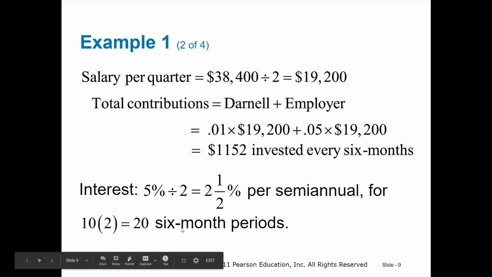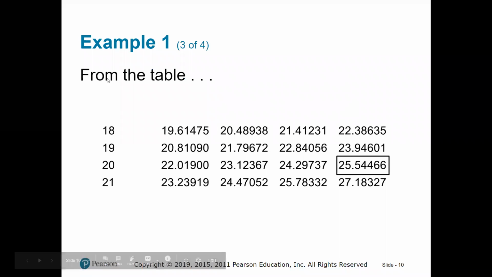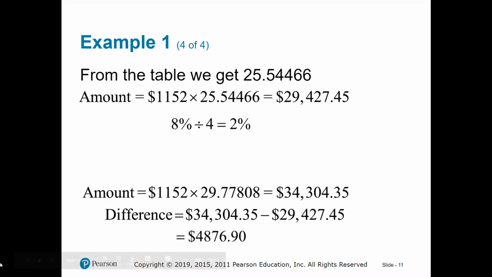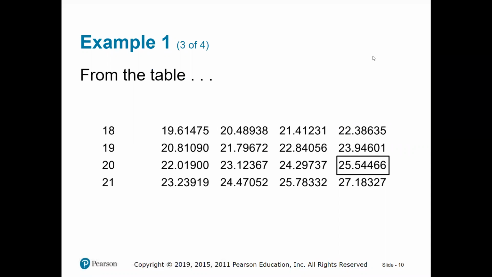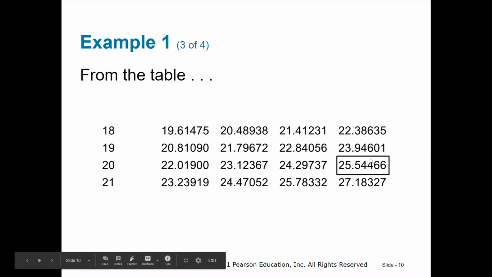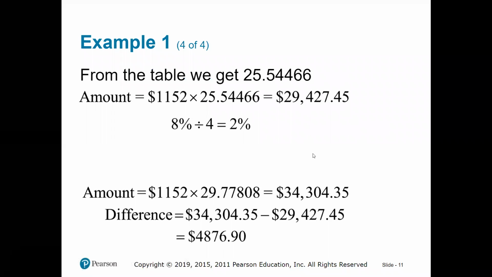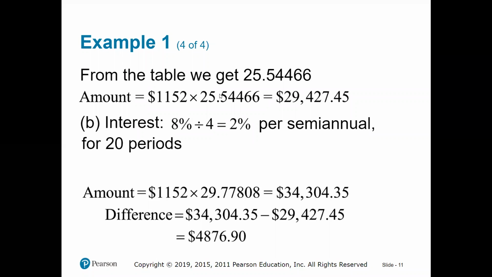And then it's for 20 periods. So you would go into the table. So here's 20, and that's probably the 2.5 column. All right, so from the table, you get this, and then you're going to multiply it by the amount that we found. Okay, so it would be $29,427.45, the answer for part A.